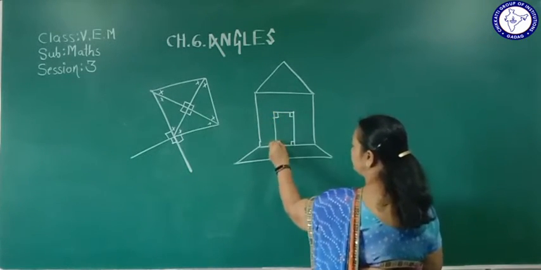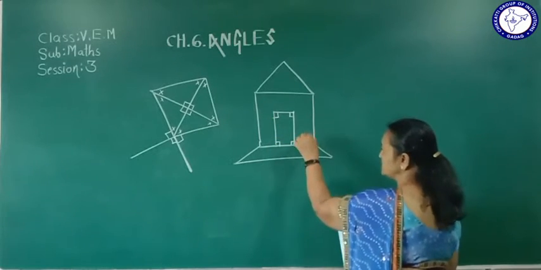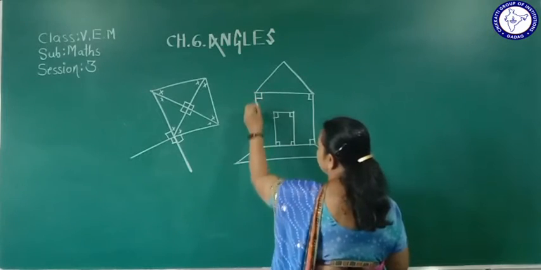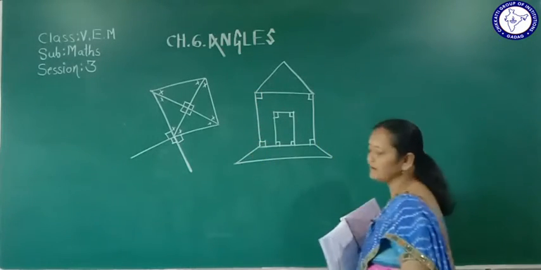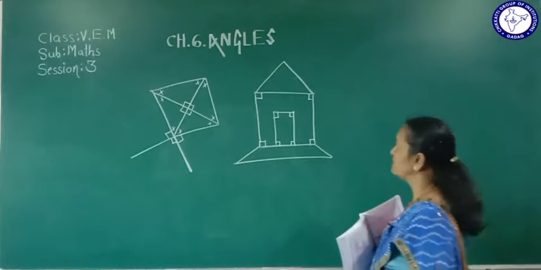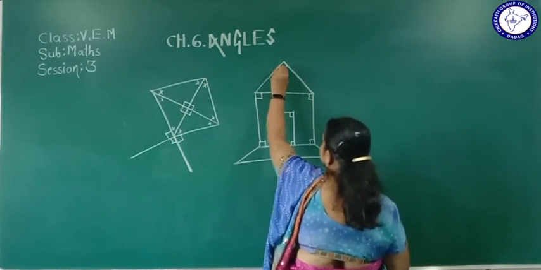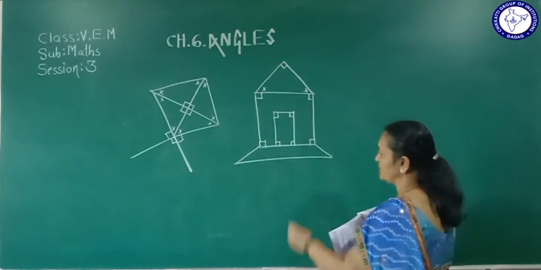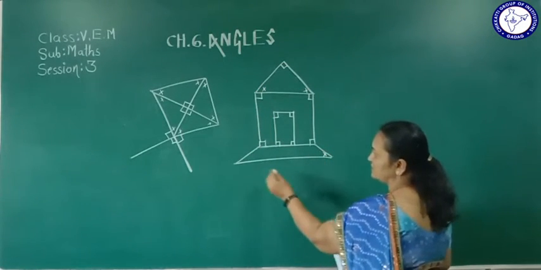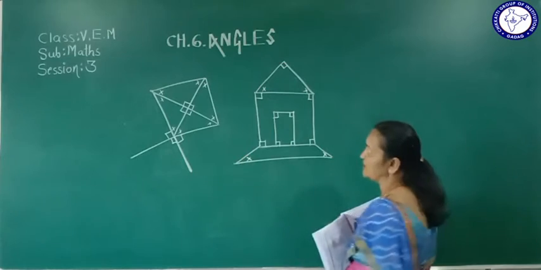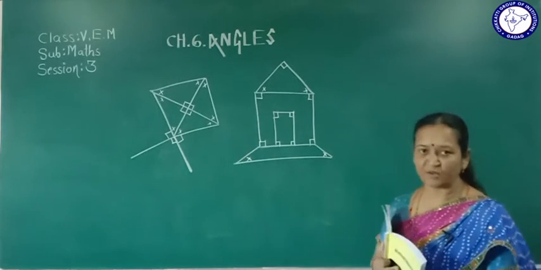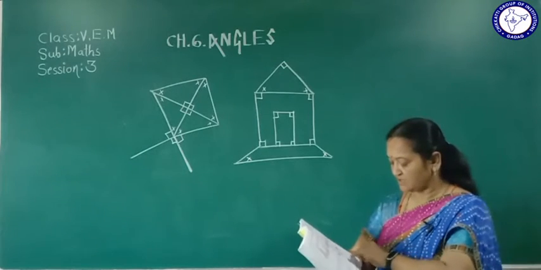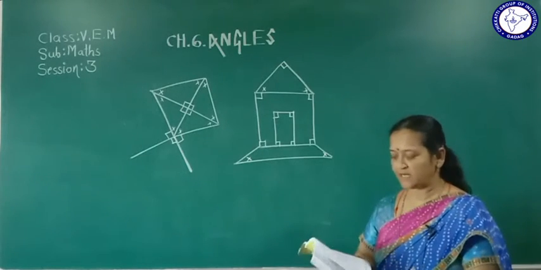Right angle. Here right angle. This is right angle. Here right angle, this is right angle, and here also we find right angle. Then here is right angle, but these two are acute angle. Okay, here is acute angle, this angle is acute angle. So we find 4 acute angles and remaining all right angles. Okay, so remaining figures try yourself.